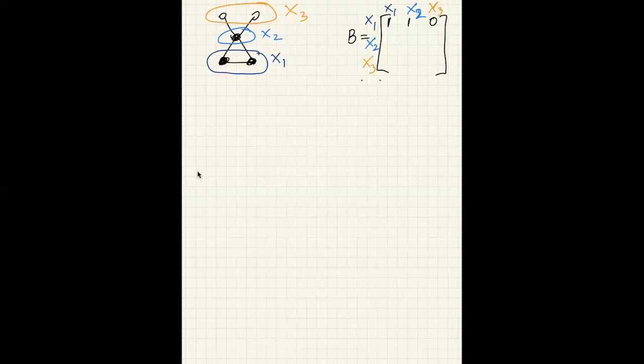From x2 to x1, each vertex has exactly 2 neighbors. Inside x2, we have 0 neighbors. And from x2 to x3, we see 2 neighbors. And from x3, if we look to x1, we see 0. x3 to x2, every vertex has exactly 1 neighbor. And inside, we see 0. So that's the quotient matrix. And you can see the quotient matrix is not a symmetric matrix in general.